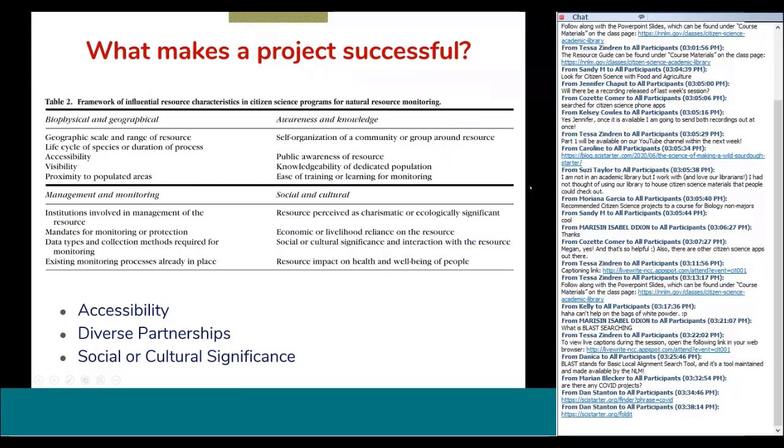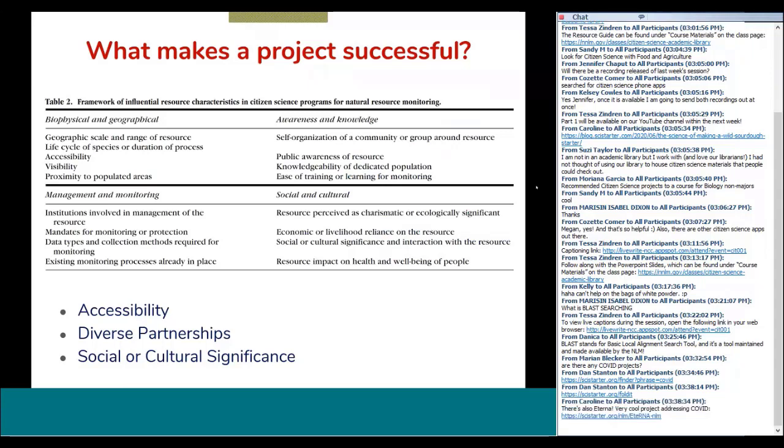So when designing projects, it can really be helpful to highlight characteristics that contribute to project success and to keep those in mind throughout planning. There's a paper by Chase and Levine from 2016 that outlined 52 programs and determined that there were really 4 main categories of characteristics that influence citizen science programs.